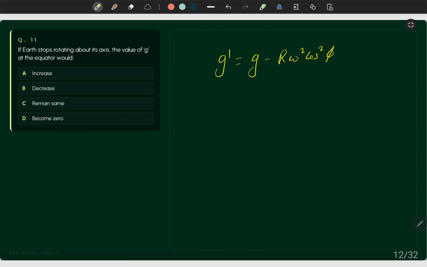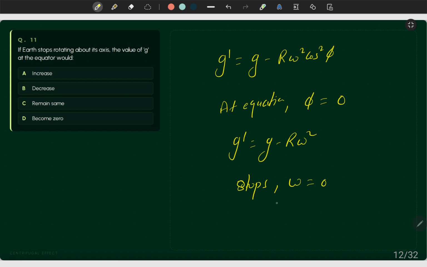So if the Earth stops rotating, the value of g at the equator would be. At the equator we must know that latitude is 0. So g' will be equal to g minus r omega squared. And if the Earth stops rotating, then omega will be equal to 0. So in that case, g' will be equal to g.